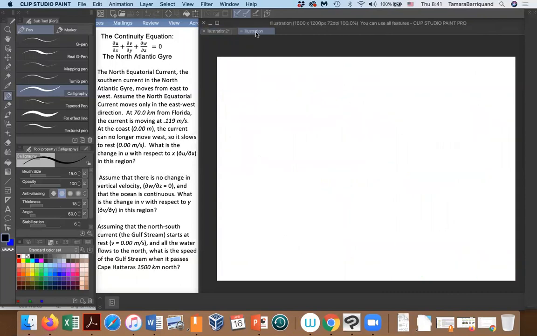All right, so we're going to start with the fact that we know dv dy equals our positive 1.7 times 10 to the minus 6 per second.